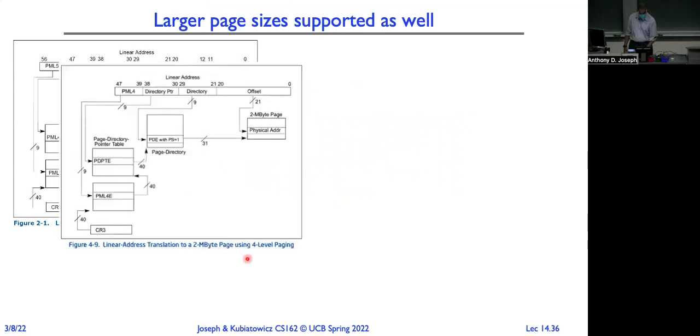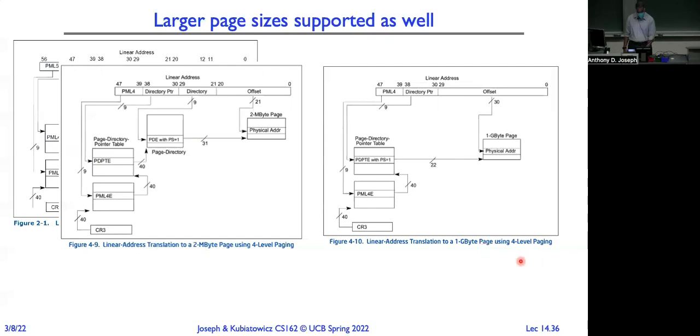If instead I have pages that are 2 megabytes in size, right, now I need fewer levels. But why? And I can go even larger, right? I can have 1 gigabyte size pages. So when might I want to do that?